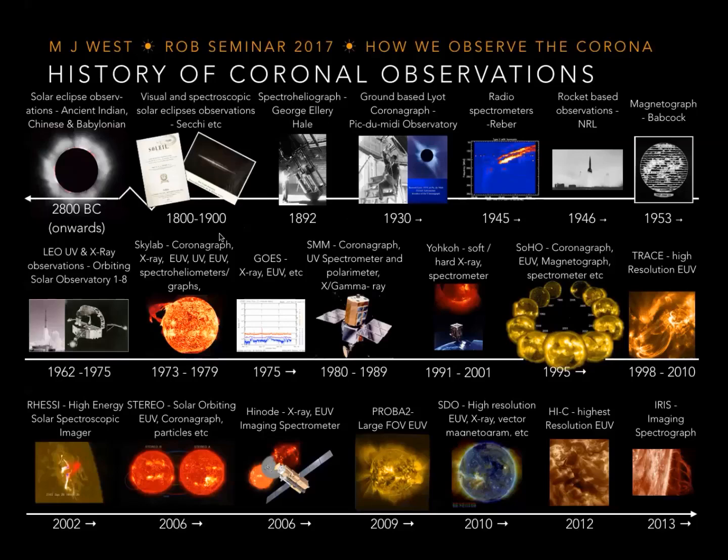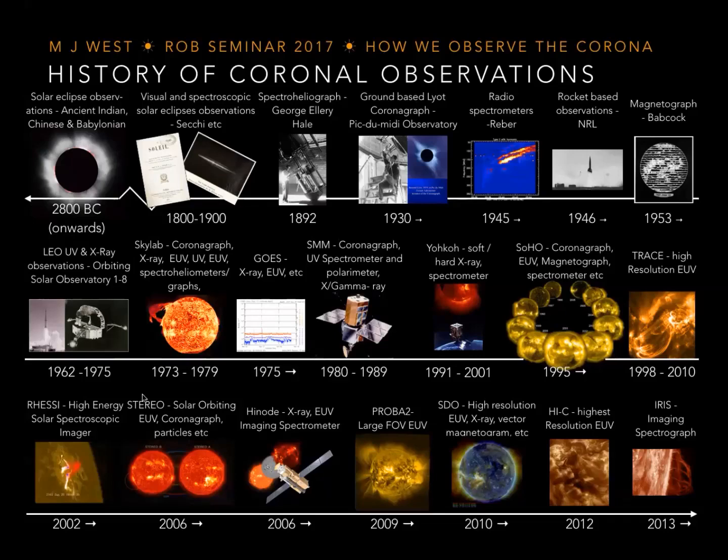This was firstly done through spectroscopic and ground-based coronagraph observations. And there are lots of issues with making observations on the ground, mainly related to the Earth's atmosphere, absorption and scattering.